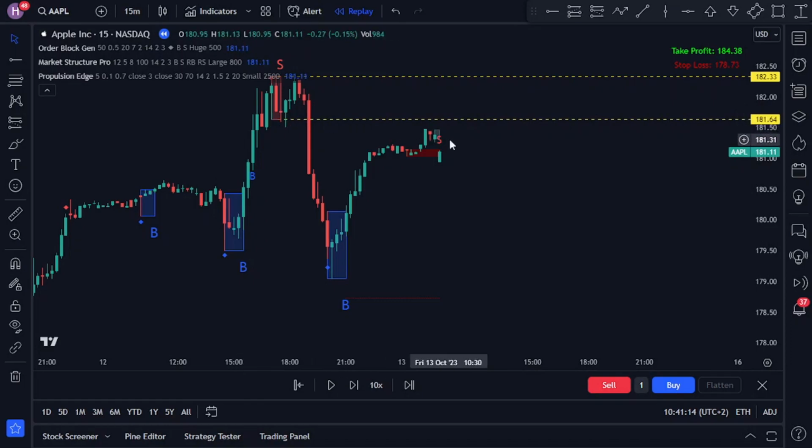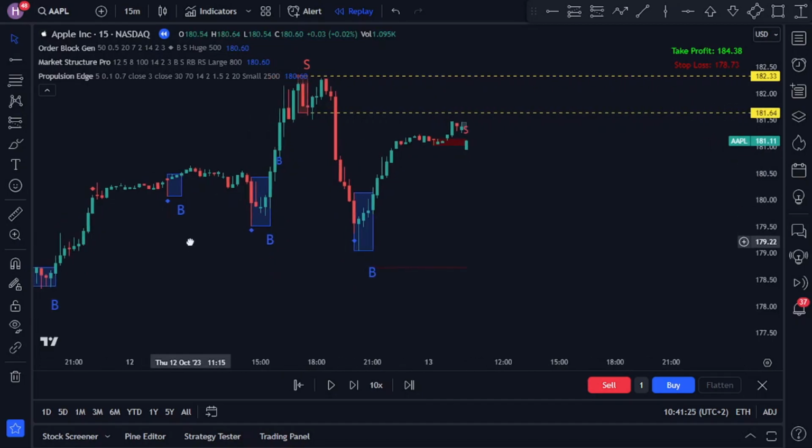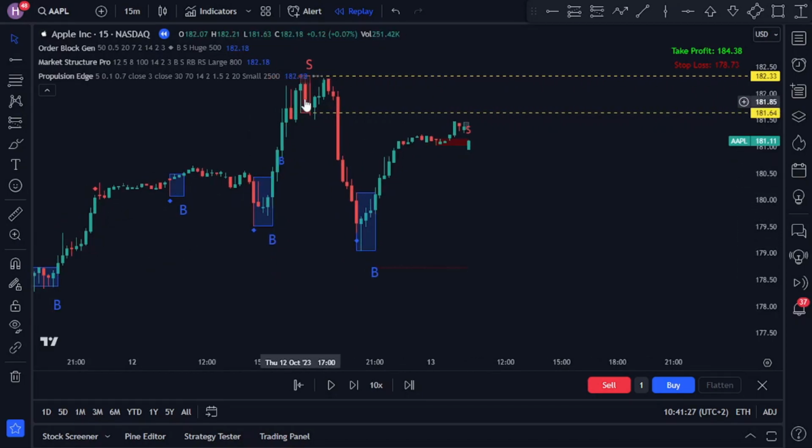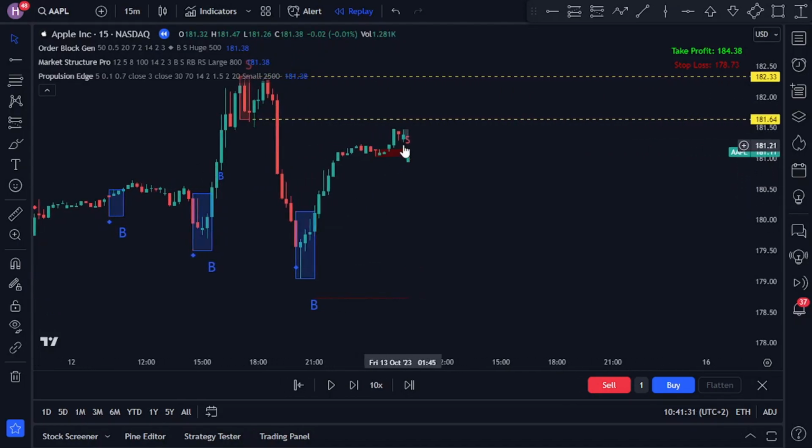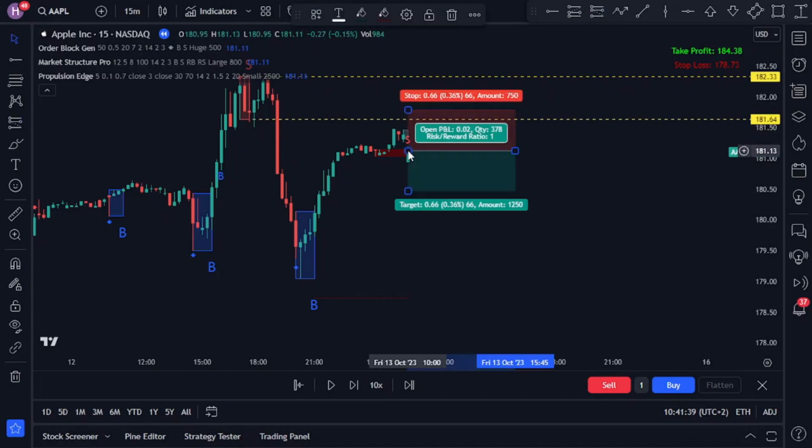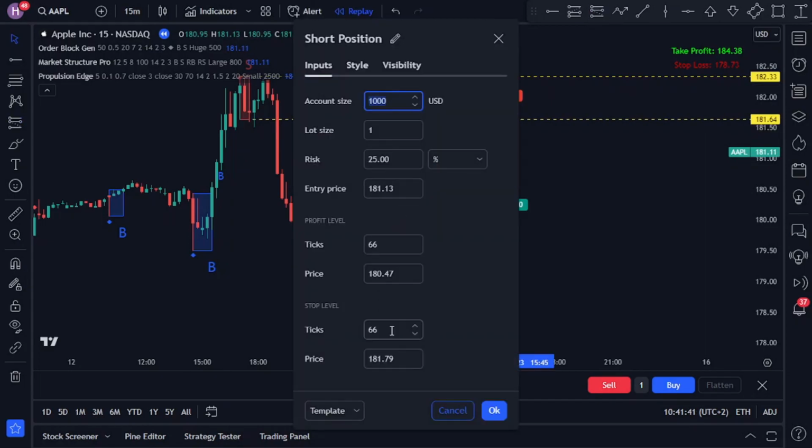Now we are waiting for a bearish change in market structure which is marked with the letter S. What you will notice is that order blocks are providing us with quick scalps as the market swings from one zone to the other. However, to get those bigger wins, we are waiting for an order block plus a break of structure or BOS.